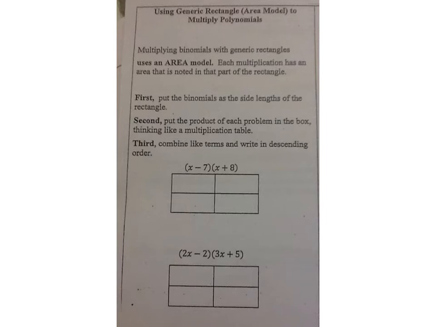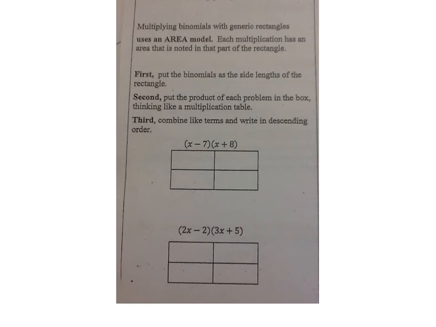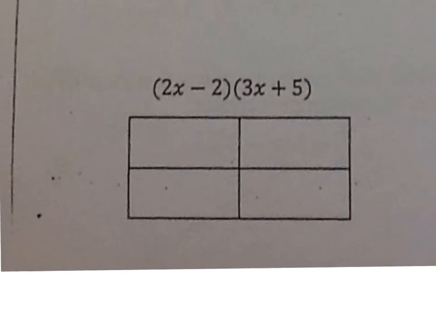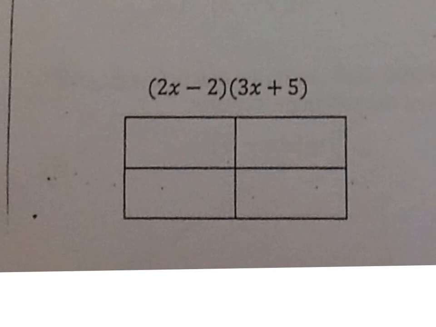We're back to the area model, so we're going to go ahead and remember that we're going to make the binomials, once again, 1, 2, 3, 4 terms. We're going to make those our dimensions. Go ahead and fill them where you think they go, and I'll wait a second for you.